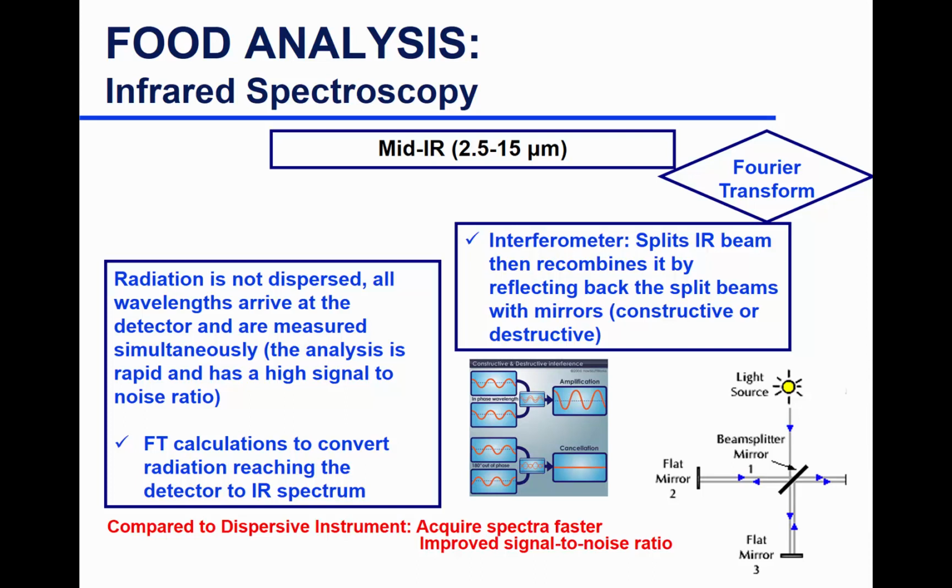And this happens by projecting the light at multiple mirrors at different angles, where the wavelengths meet in space for either amplification or cancellation.